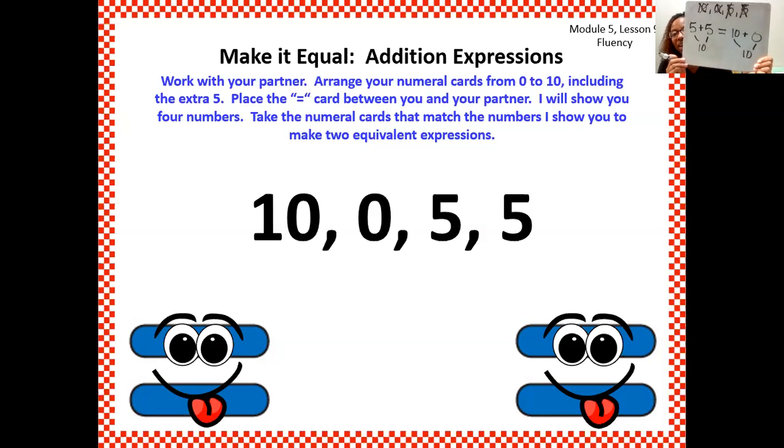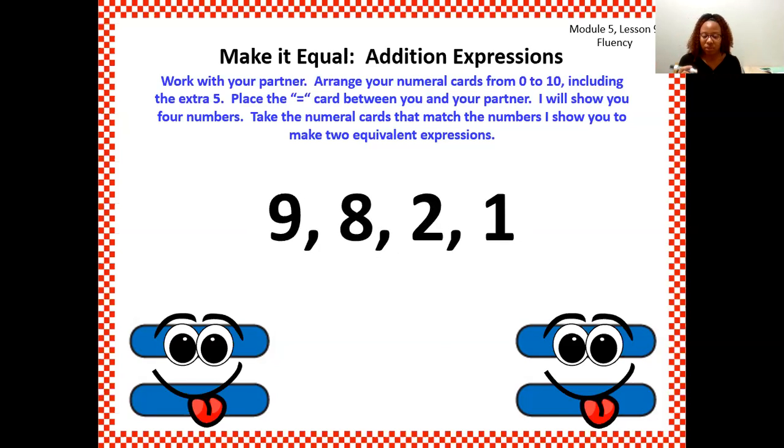I did. And my expressions are equal because both sides are equal to 10. Now, let me erase my board. And we can do the next one together. And then after that, you are going to do the remaining problems on your own.